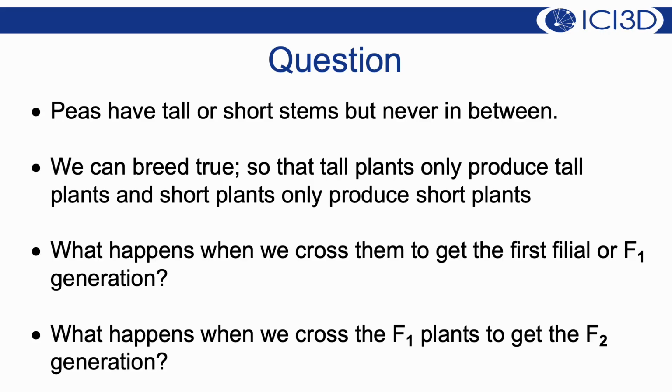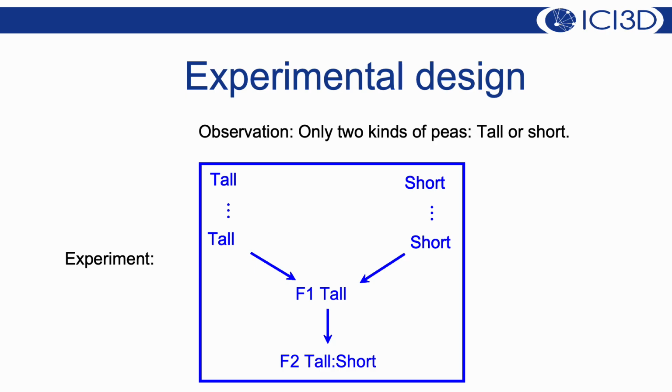However, if we cross-pollinate these peas, a tall stem pollinated against a short stem, what happens when we cross them? We get what's known as the first filial or the F1 generation. And then also what happens if we take these F1 plants and cross them, and we get the F2 generation. And what he discovered was you only get two kinds of peas. You get tall or short.